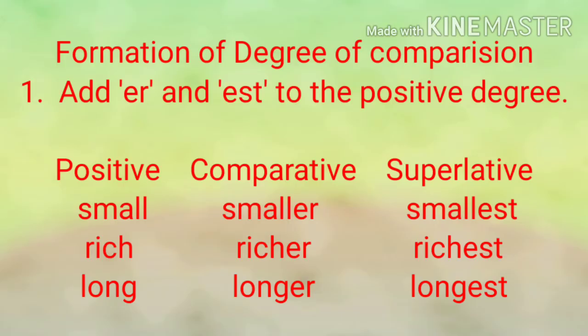The first is simple: we just add "er" or "est" for the comparative and superlative degree. In our positive degree, like small, when we make it comparative it will become smaller, and when we make it superlative it will become smallest. So we simply added "er" and "est". This is the simple point. First, in the positive degree we will add "er" and "est" to make it comparative and superlative.